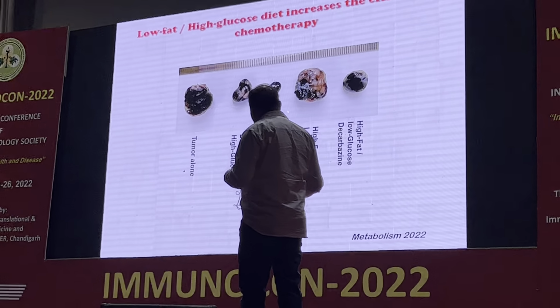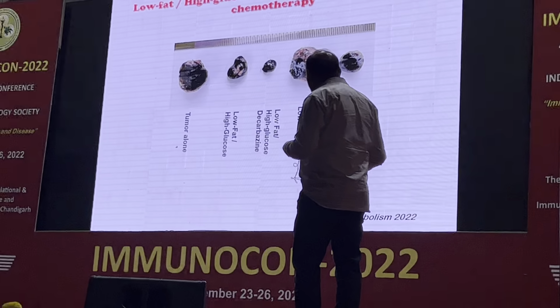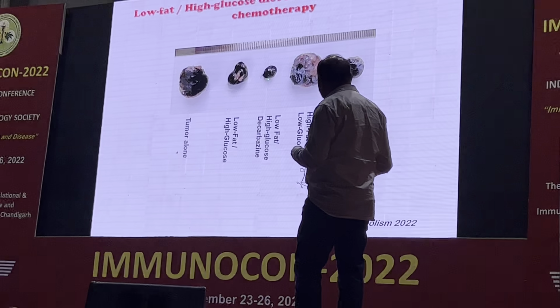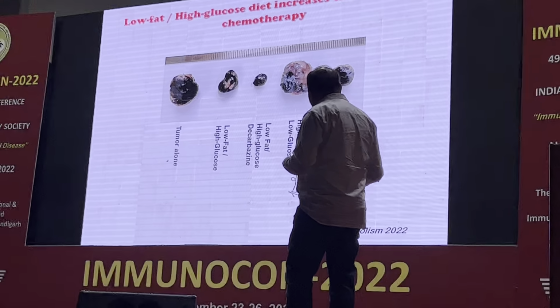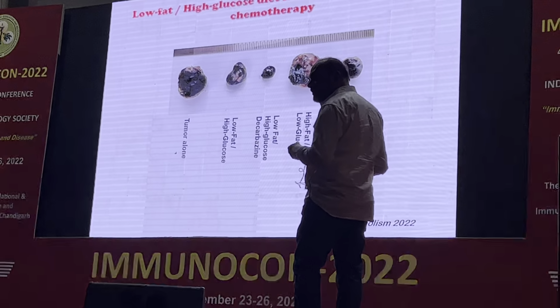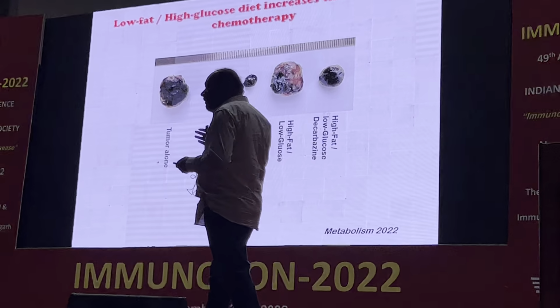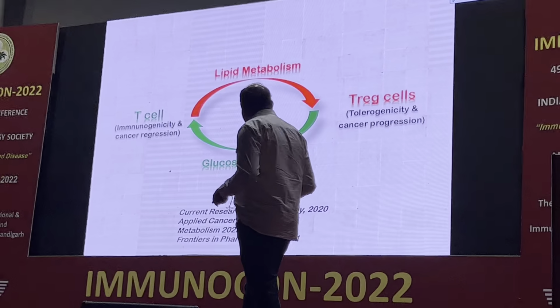And if you give them the chemotherapy along with this low fat high glucose diet, you see the chemotherapy works better. If you give them high fat diet and chemotherapy, you can compare the tumor size. Just changing the diet, you can increase the efficacy of the chemotherapy.